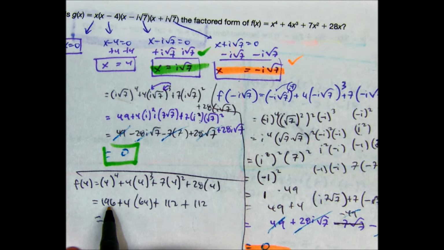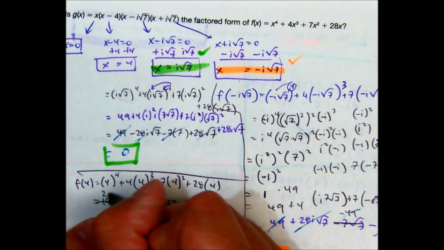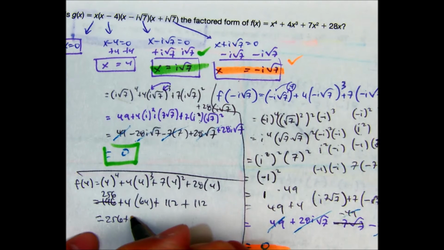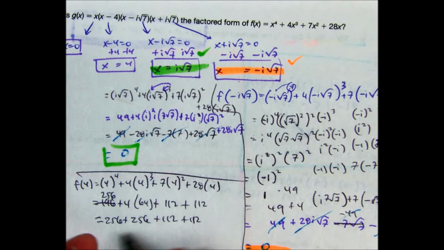No, that one's wrong. 4 to the 4th power is 256. So 256 plus 256 plus 112 plus 112. And if you add those together, you get 736.